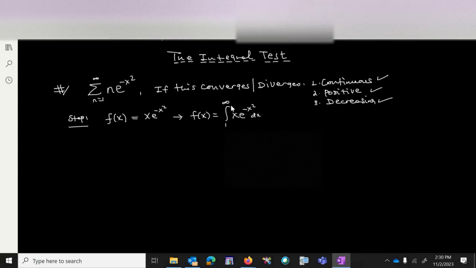Next, you have to write this in limit expression form. Remember, after all, we are doing the integral test, so it is the limit as t approaches infinity of the integral from 1 to t of x e to the power of minus x squared dx.